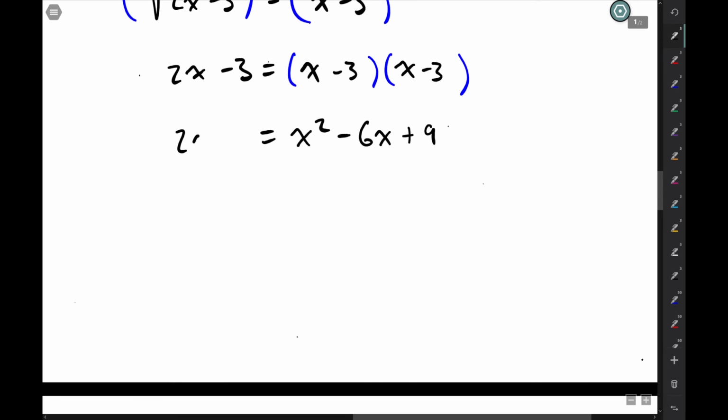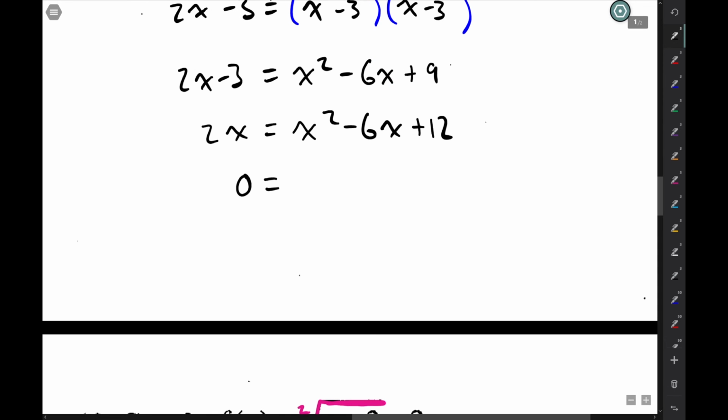Then we have 2x subtracted by 3. I'll do a little bit of math. I'm going to add 3 to both sides. Now we have 2x is equal to x squared subtracted by 6x plus 12. Again, I just added 3. And then we're going to subtract 2x, so we get 0 equals x squared subtracted by 8x, I believe, plus 12.